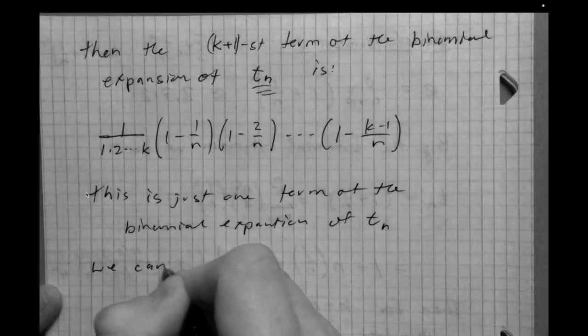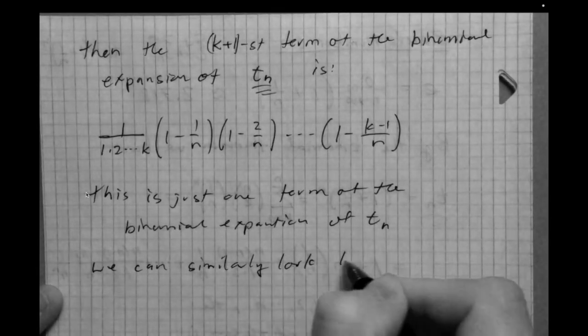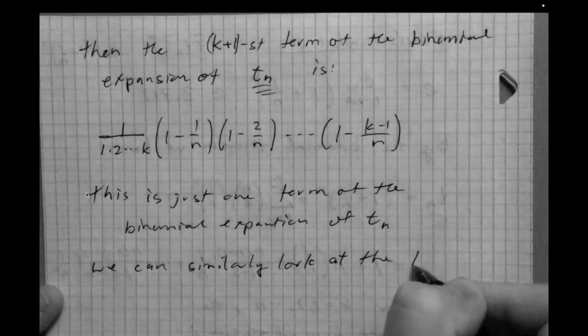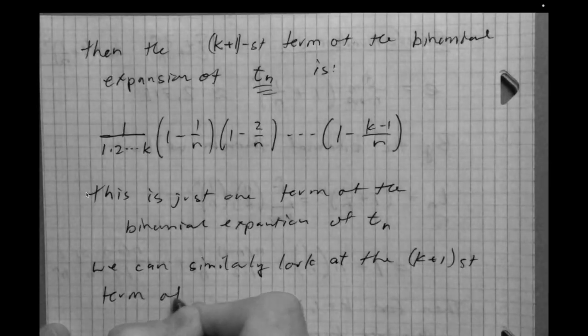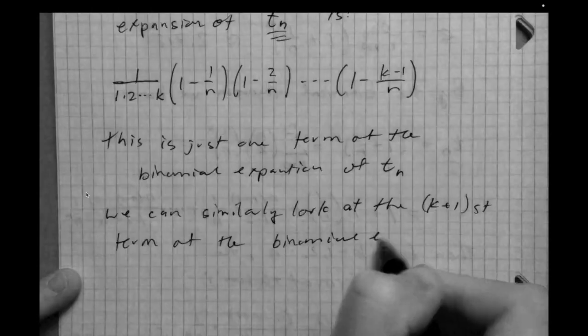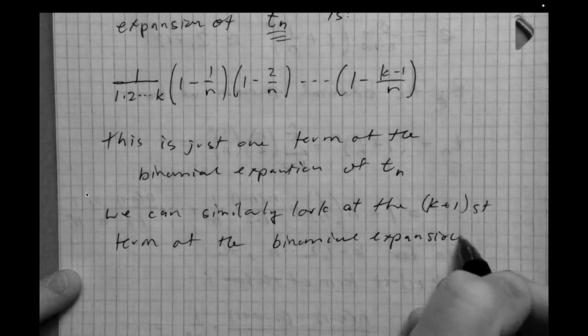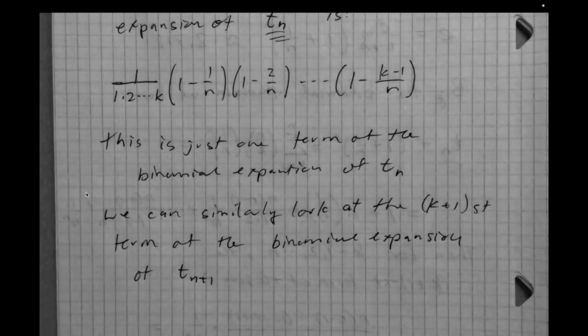So we can similarly look at the k plus first term of the binomial expansion of t sub n plus 1. Now, I encourage you to do basically the exact same exercise, just start with the binomial expansion of what t sub n plus 1 would look like.